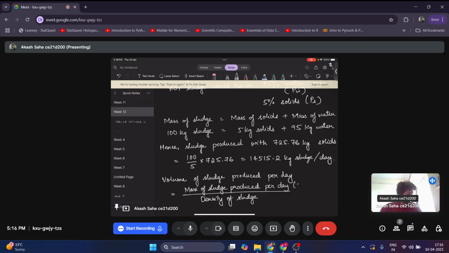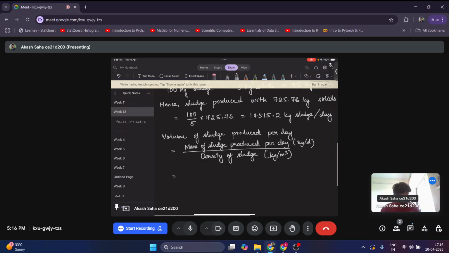Okay, so this is in kg per day, this is in kg per meter cube. So it will be 14515.2 kg per day divided by 1050 kg per meter cube. So we'll get it as 113.324 meter cube per day.